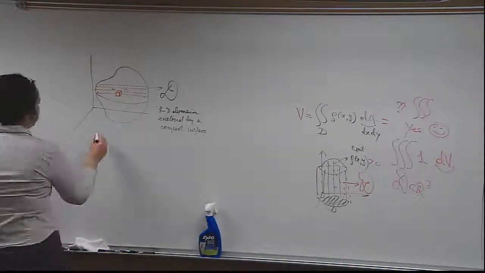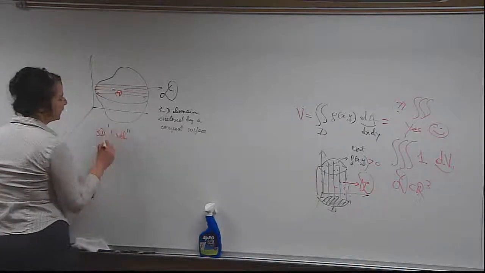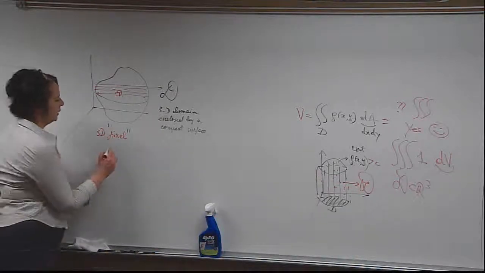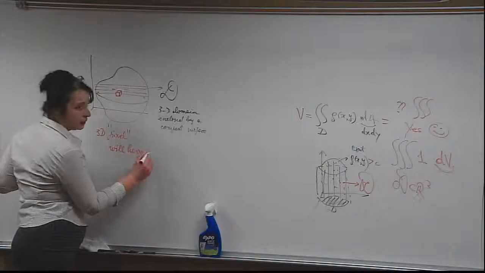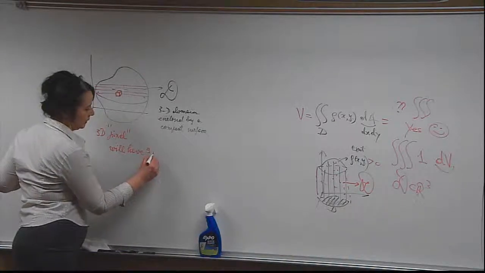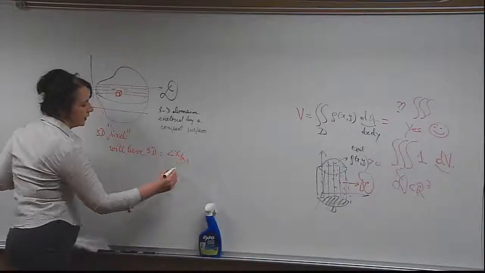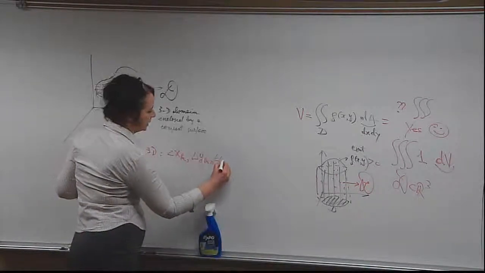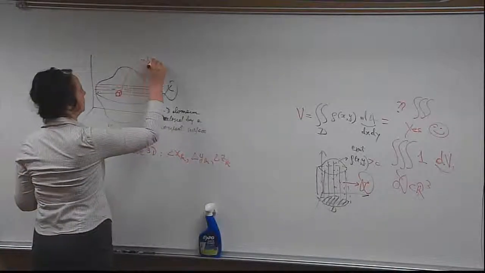So a 3D pixel, let me put pixel in quotes because this is kind of the idea, will have what kind of dimensions? Will have 3 dimensions, right? 3 dimensions, a delta xk, a delta yk, and a delta zk for the pixel number k. This is pixel number k.